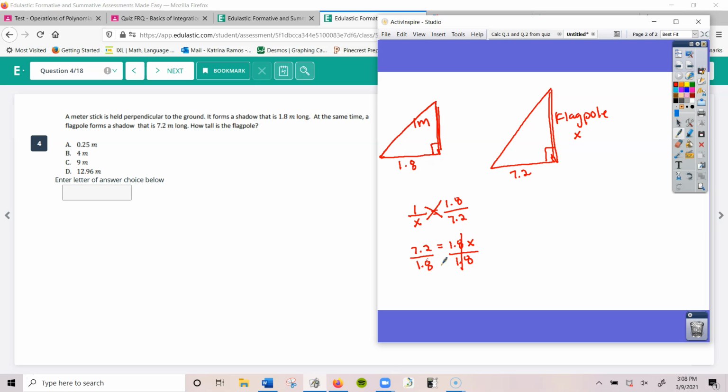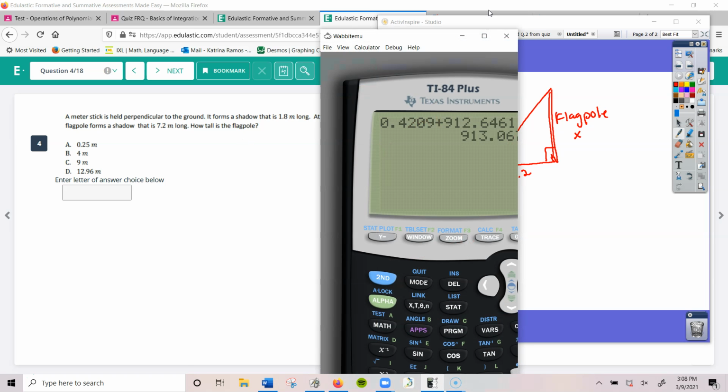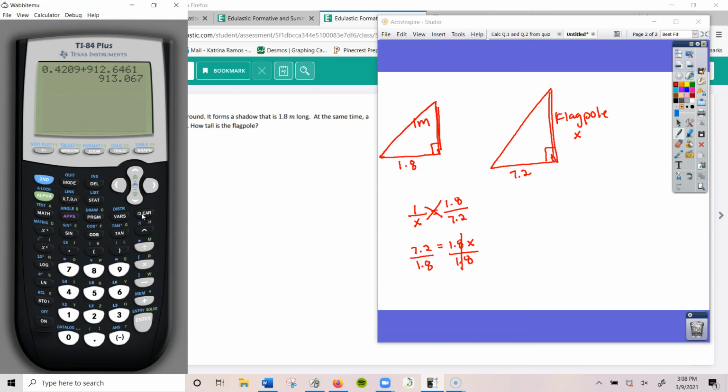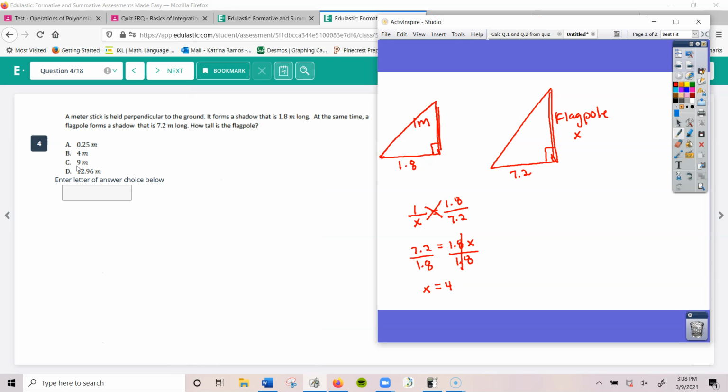And when we divide 7.2 by 1.8, which I'll do here on my calculator so you can see as well, 7.2 divided by 1.8 is equal to 4. So x is equal to 4. So the height of the flagpole would be 4 meters. So B.